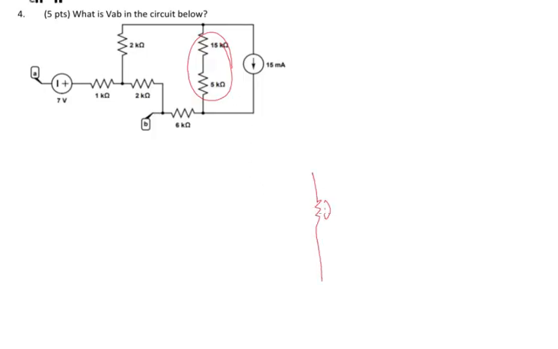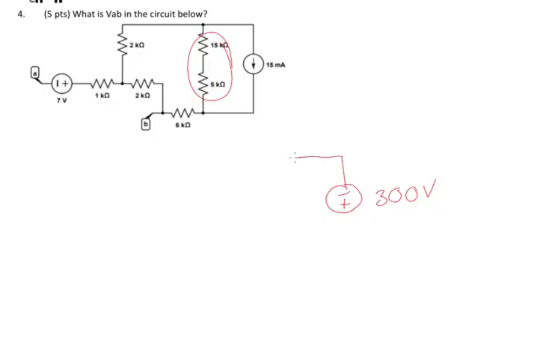So we'll say there, and then let's actually source transform that along with the 15 milliamp current supply. So this will become a voltage source, and 20K times 15 milli is 300 volts.